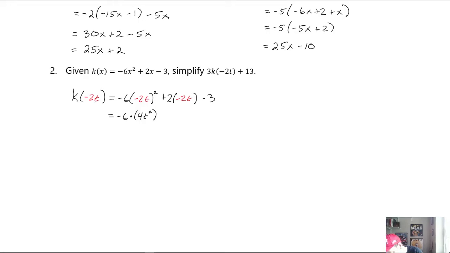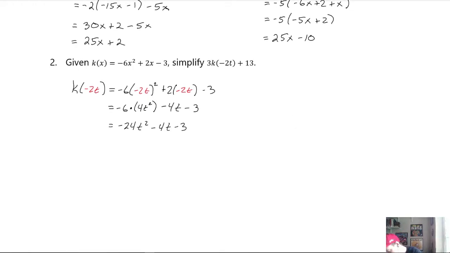And then plus 2 times negative 2t is minus 4t, and then bring down the minus 3. And then just negative 6 times 4 is negative 24t squared, minus 4t minus 3. And now we can't combine any more like terms, so we're all good there.